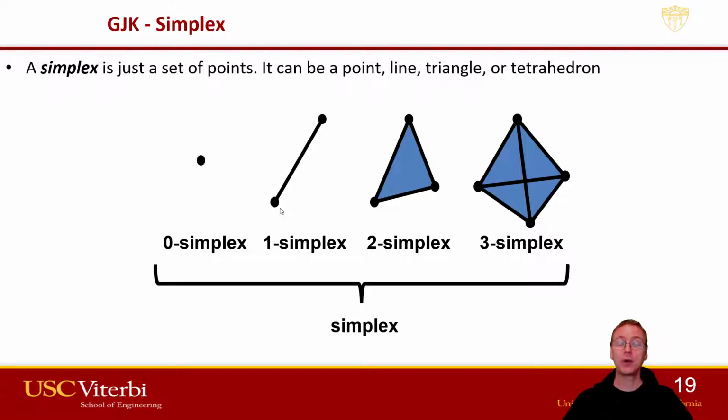And then what are we going to do? Well, it's iterative. So we have these 2 points. We're going to go back and find a new search direction. Go searching again. Go get a third point. Now that we have 3 points, 3 points makes a triangle, and we'll call that triangle a two simplex. If we're in a 2-dimensional space, that's the most complex shape we're going to need in 2 dimensions.